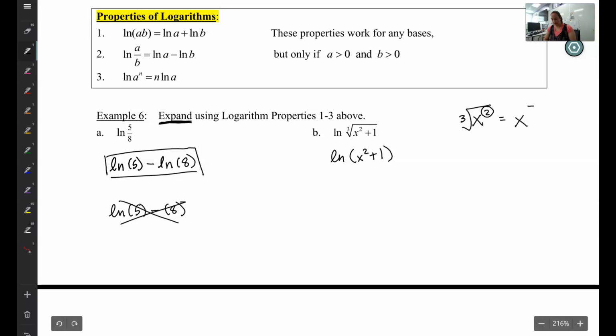The inside number becomes the numerator and the outside number becomes the denominator. So I'm going to do that here. The inside number is a 1 because there isn't one. This is all to the first power. The outside number is a 3. And now that I have that written as a power, I can take it out in front. So I've got 1/3 ln of x squared plus 1.